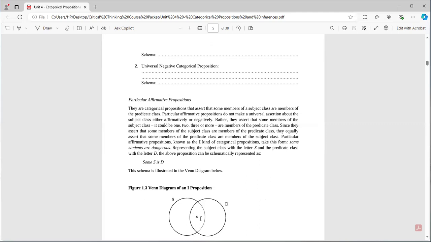Where they are intersecting, put X there to show that at least one member of S, who is X, is a member of D. So with some, no shading, we only put X in the intersected area.